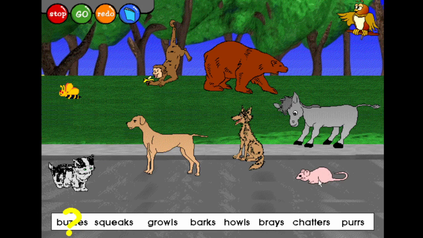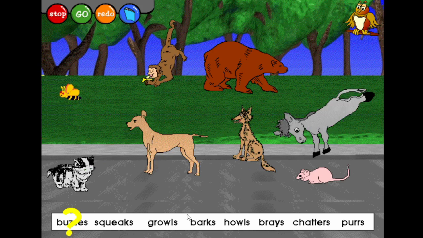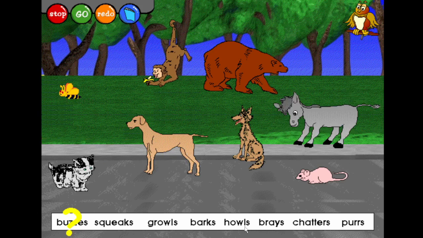Click on one of the animals or the insect and then click on the sound it makes. Buzzes, growl, bark, howls, brays, chatters, purrs.